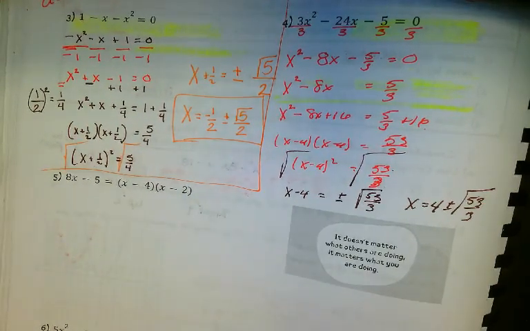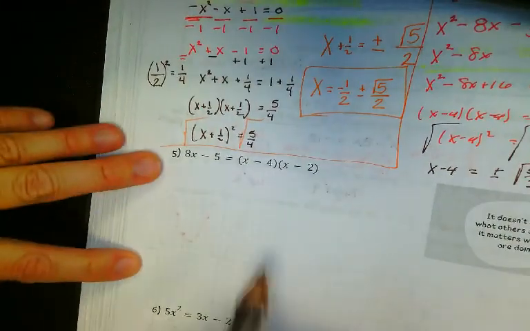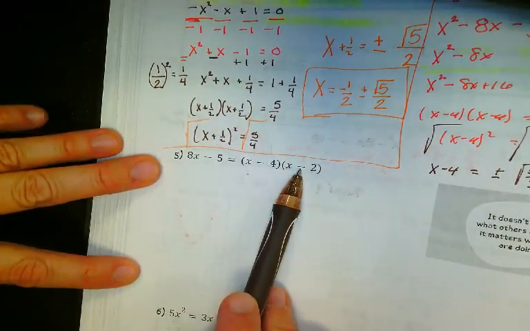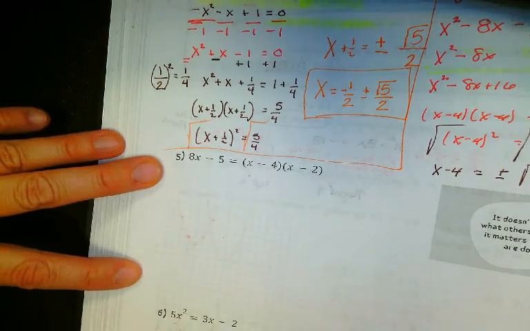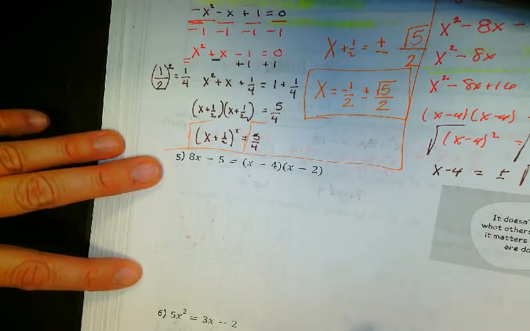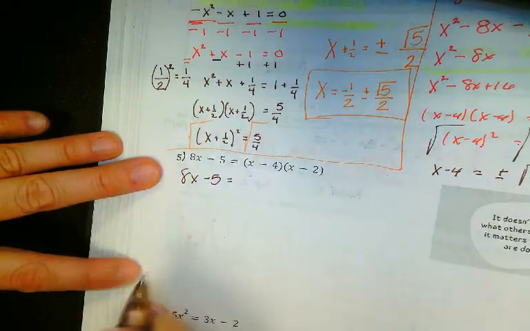All right, looking at number 5. What is your gut hopefully telling you to do on the right side? Distribute, clean that up, FOIL that out. We have to set this equation equal to 0 before we can complete the square. So clean up the right side here.